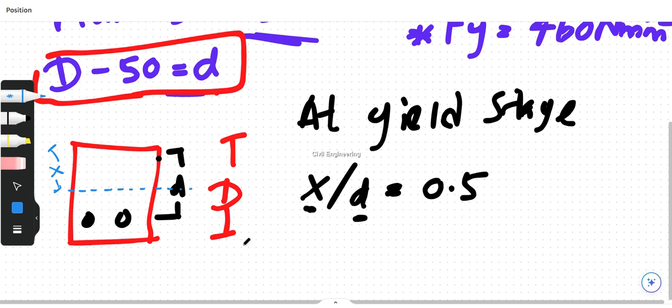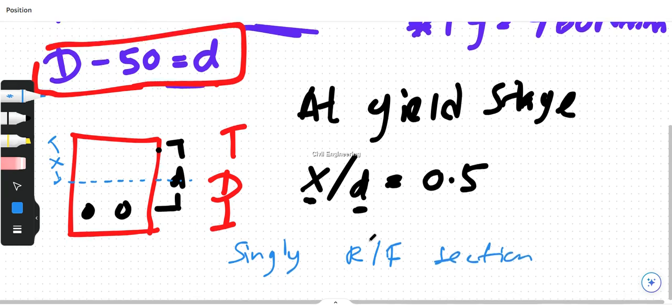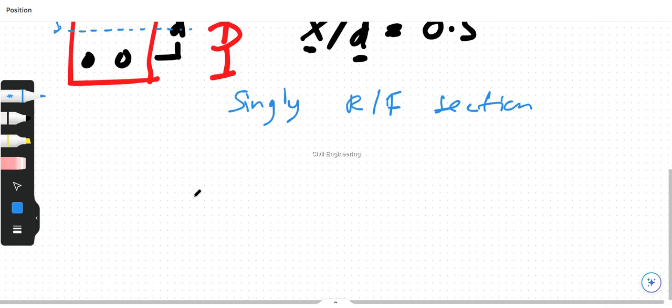If it is a singly reinforced section, according to the BS 8110 3.4.4.4 clause, we have to maintain the K value below 0.156.